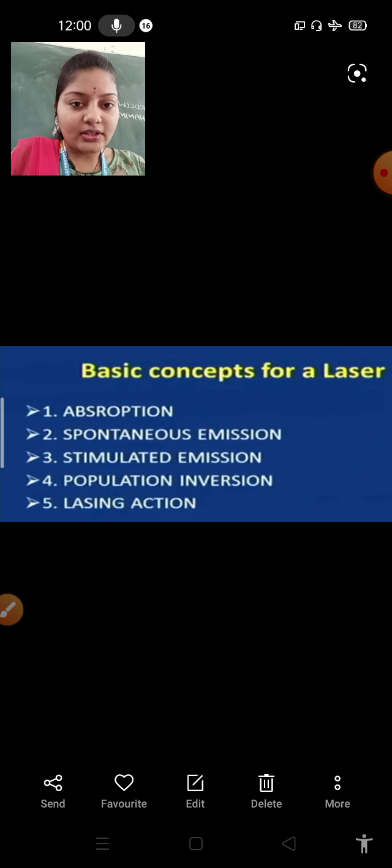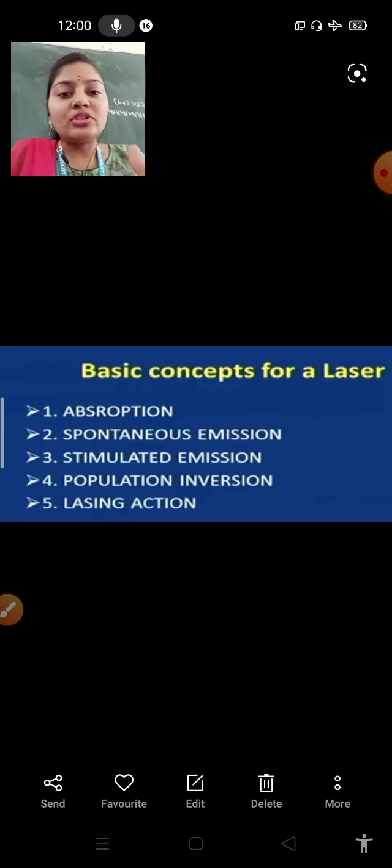For example, if the ground state has 10 atoms, the excited state may have 3 to 4 atoms. This is by supplying external energy to the ground state to transfer the atoms from the ground state to the excited state.